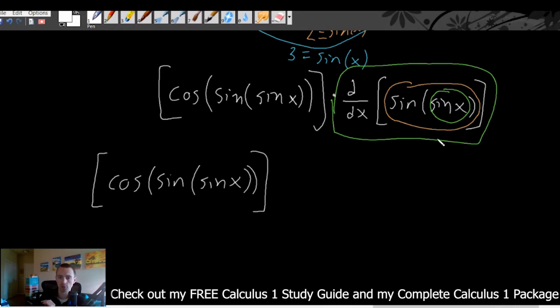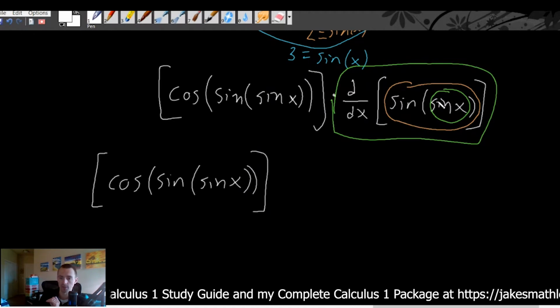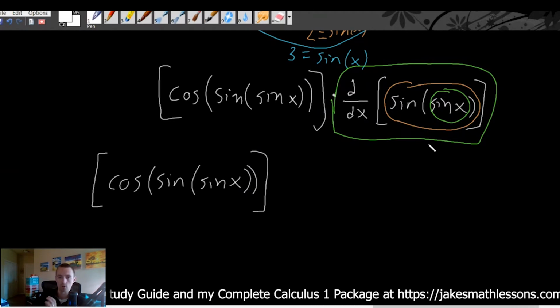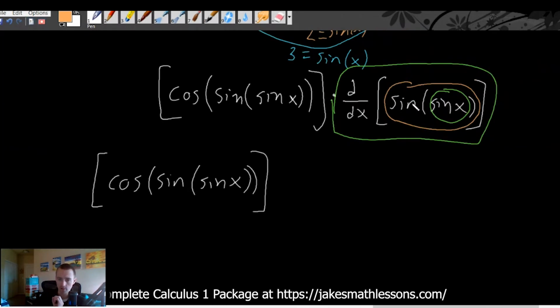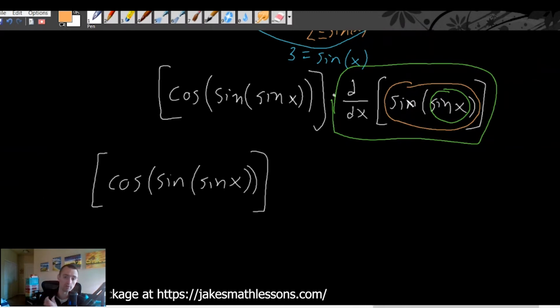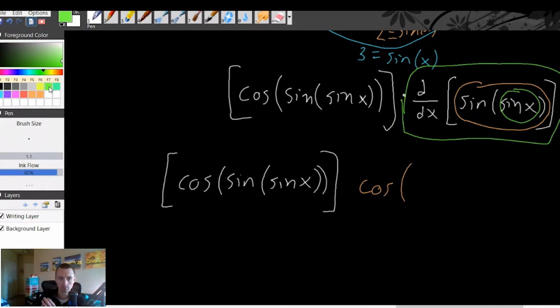Now we're going to have to apply chain rule basically a second time to find the derivative of sine of x. So again, chain rule says we're going to take the derivative of the outside. The derivative of our outside function, sine of x, is cosine of x. So we're going to take the derivative of the outside function, which is cosine, leave the inside function alone.